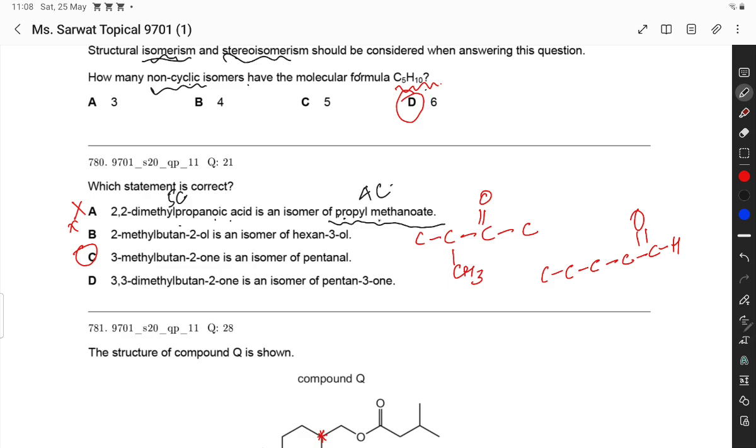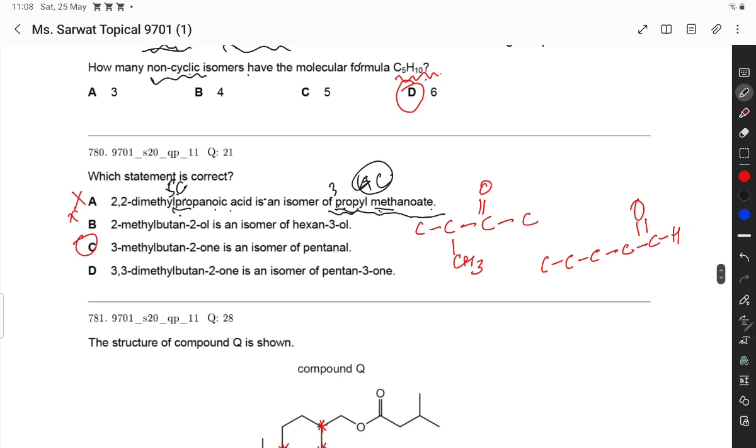Even though one is an ester and the other a carboxylic acid, the number of carbon atoms differs. Total carbon atoms in 2,2-dimethylpropanoic acid is 5, and propyl methanoate has propyl 3 carbon, methanoate 1 carbon, total 4 carbon. So this is not an isomer of each other.